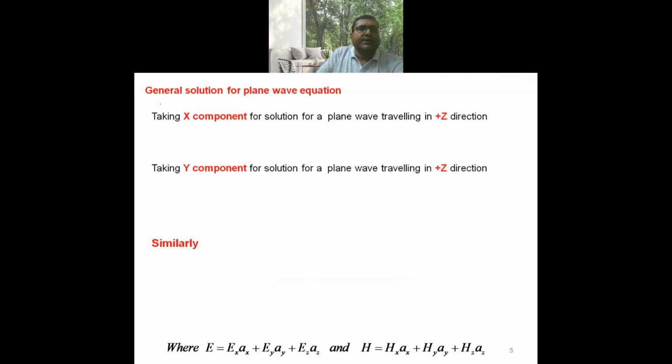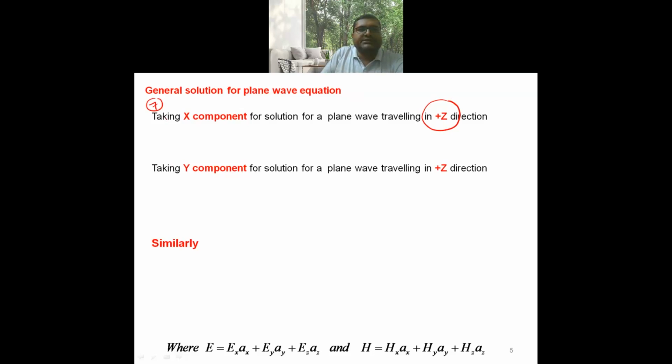Now for equation number 7, taking x component for solution for a plane wave traveling in positive z direction. Here in this case we are considering the electromagnetic wave traveling in positive z direction.